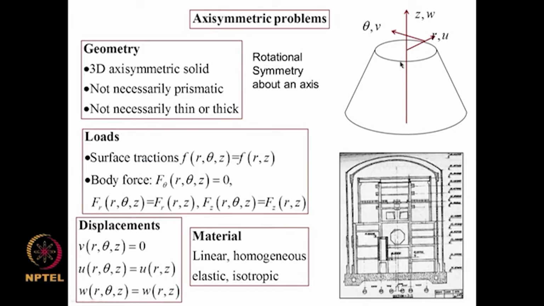The object is not necessarily prismatic and it is not necessarily thin or thick as in the case of plane stress and plane strain models. There were certain restrictions that were placed on surface tractions and body forces, and under certain assumptions on these variations, this type of problem can also be reduced to 2-dimensional problems, and we formulated one such element.